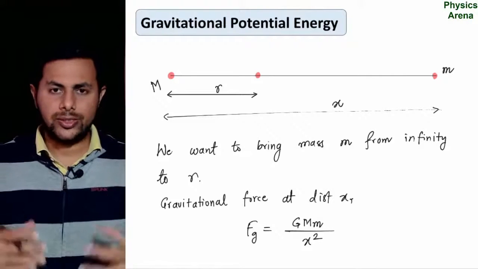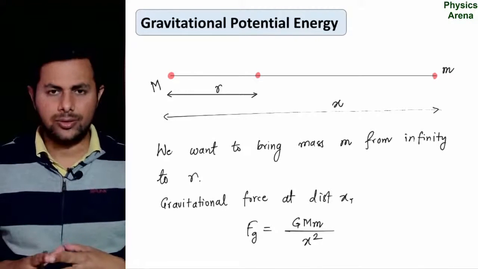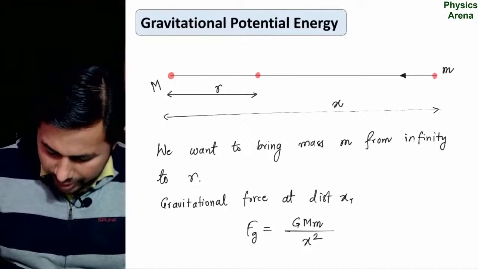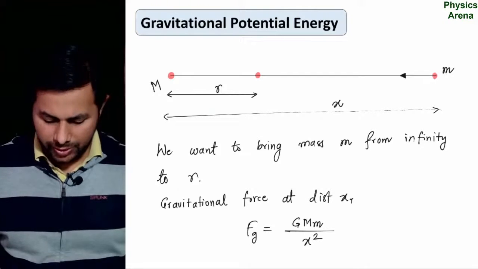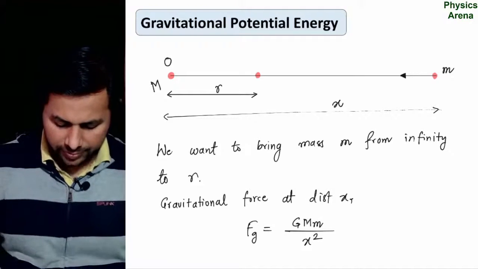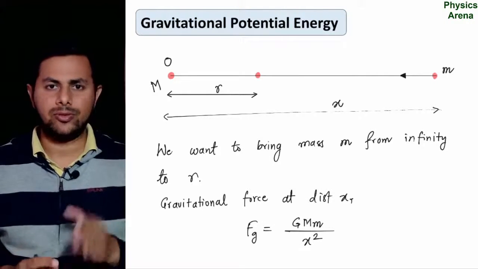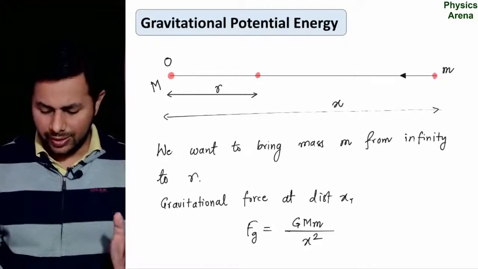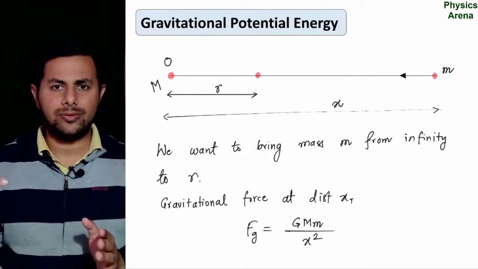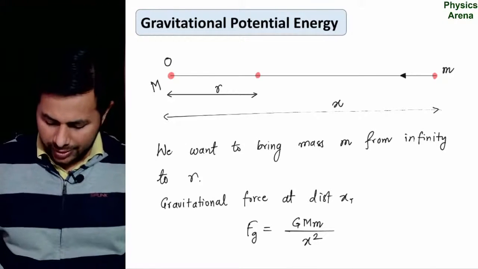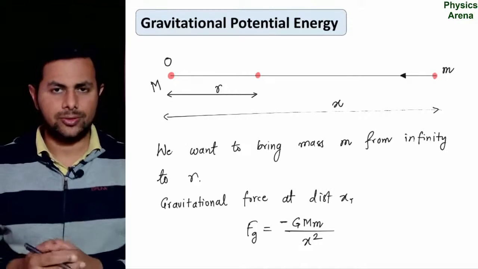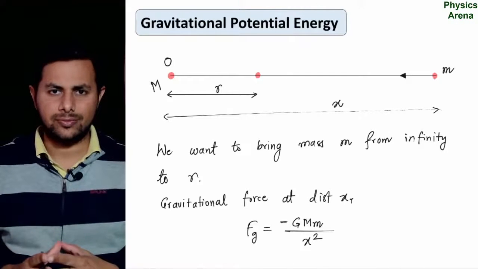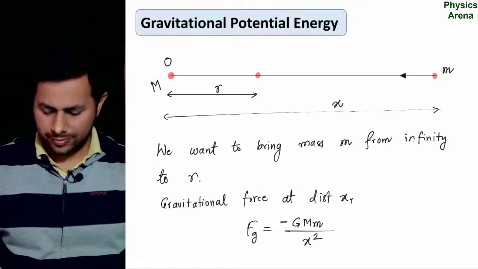And if I want to consider the direction also, then what will be the direction? Gravitational force is an attractive force. So if we consider this mass capital M to be at the origin and we start measuring distances from there, it will be directed along minus x. So this negative sign means the force is attractive.